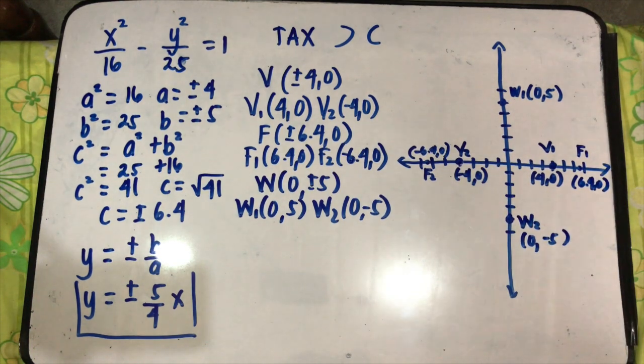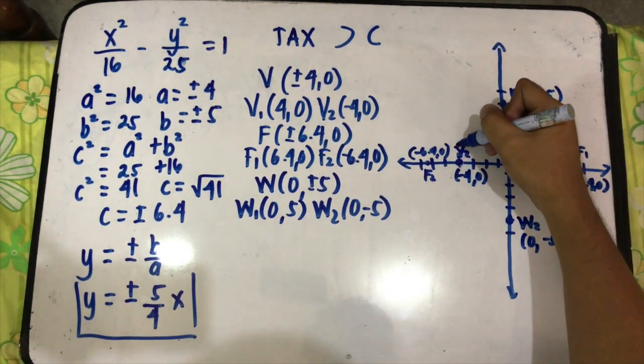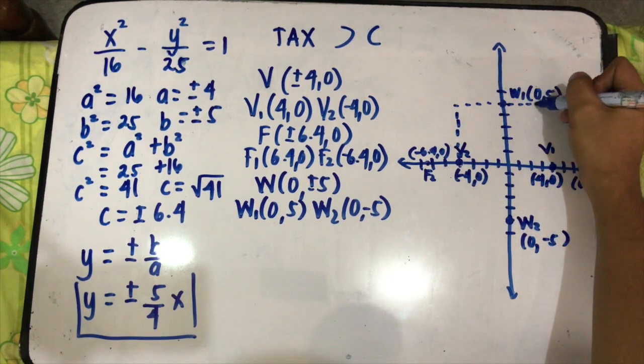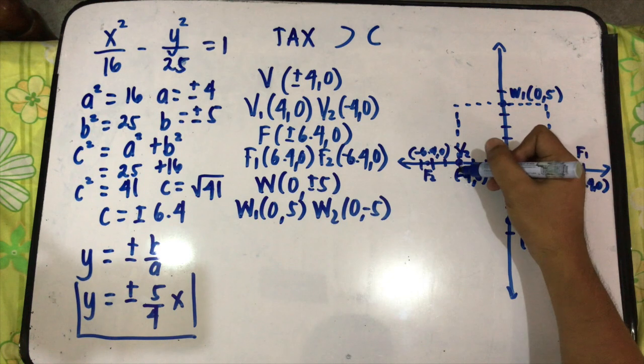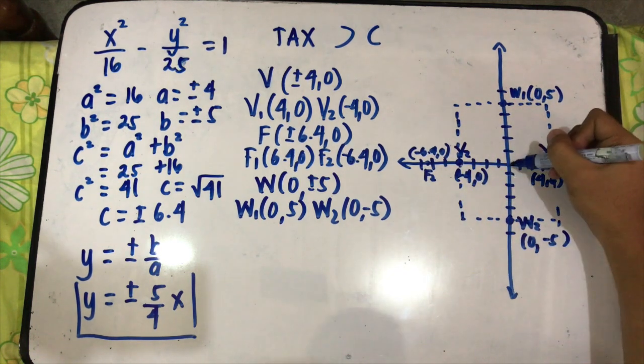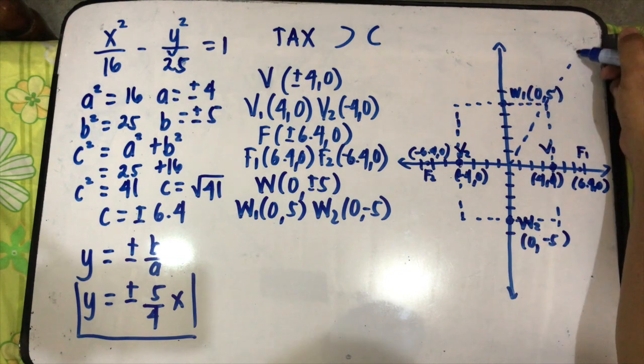So let us now draw the auxiliary rectangle. So this is the auxiliary rectangle. And we're now ready to draw the asymptotes.